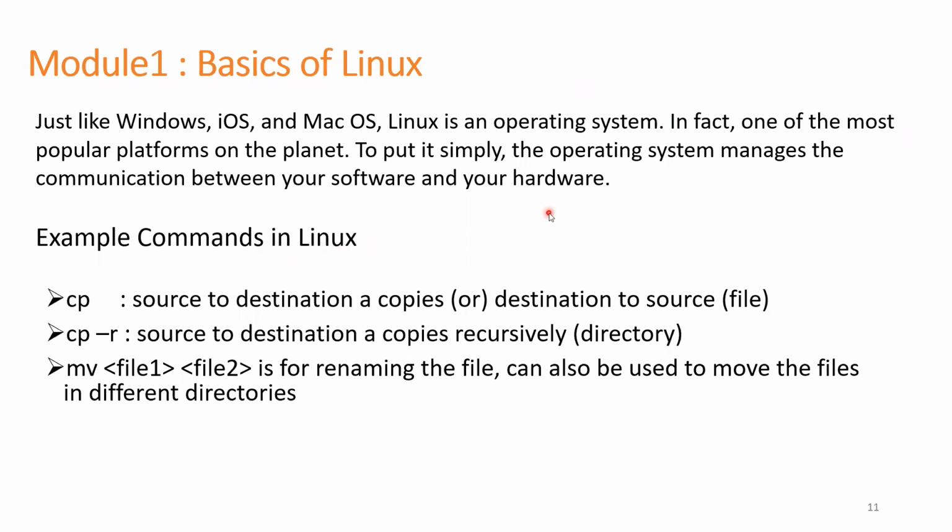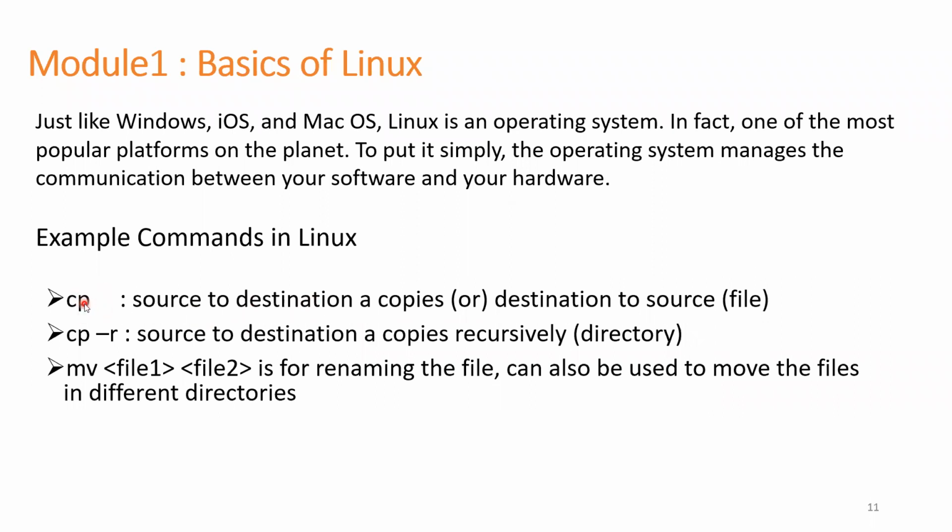The main difference between Windows and Linux is this: in Windows, if you want to copy one file from one location to another, we go there, right click, copy it and paste it somewhere, right? But in Linux, we execute everything through commands. If you want to copy a file from one location to another, you need to use the command cp.